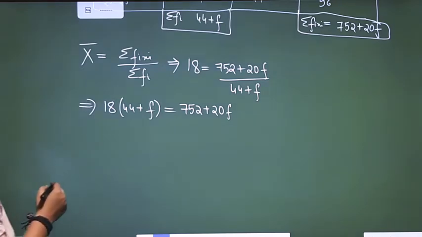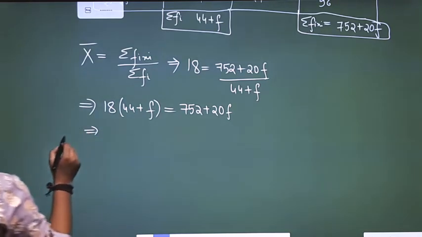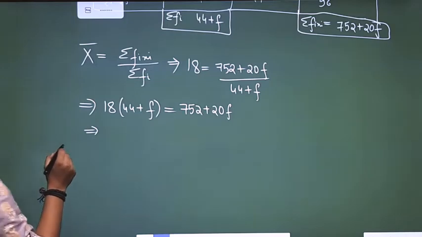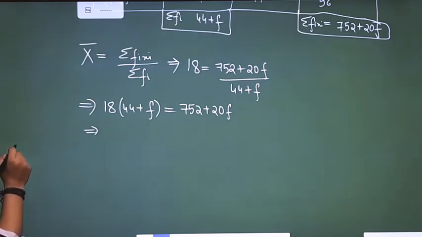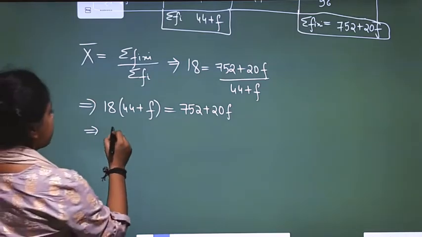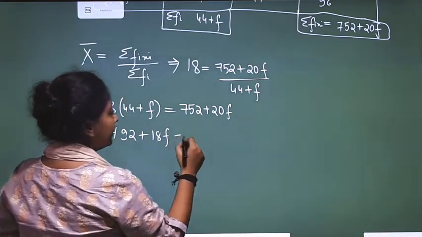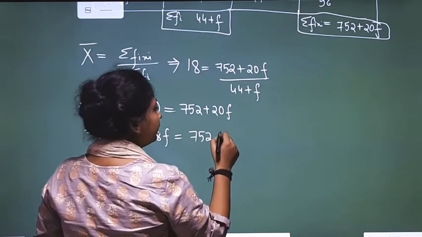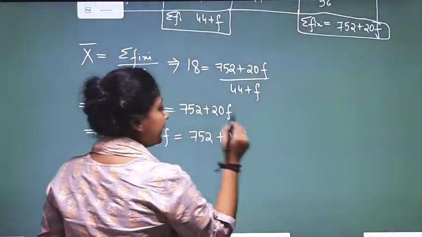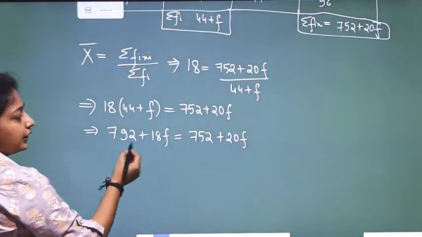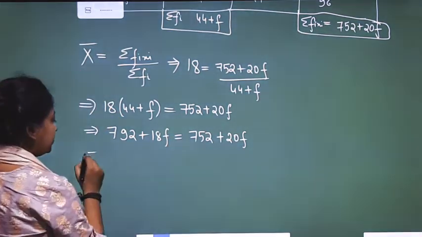On solving this, we get 792 plus 18f equals 752 plus 20f. We can shift this value here and take all the variables on the other side.